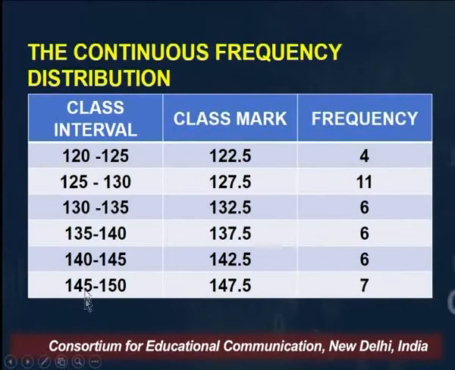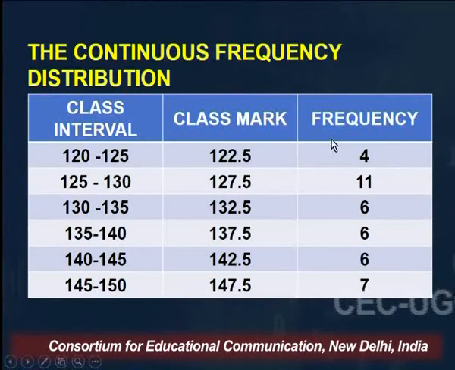Similarly, after this last class interval, if there had been another class interval, it would have been 155 to 160, and of course the class mark would have been 157.5, and I will put the frequency as 0.